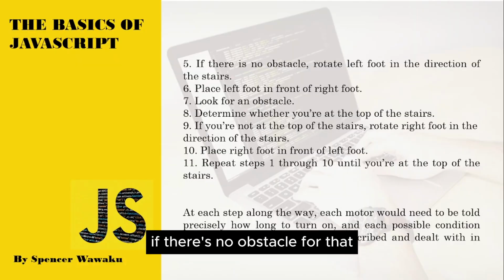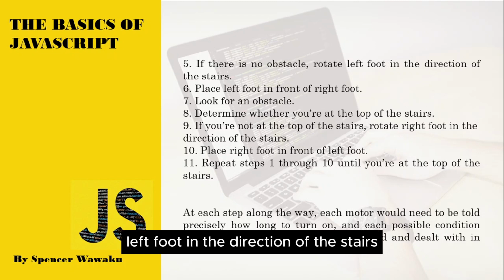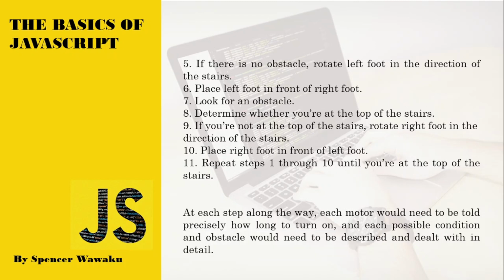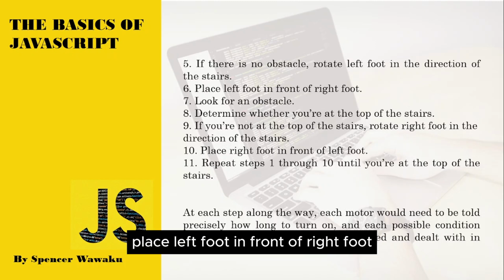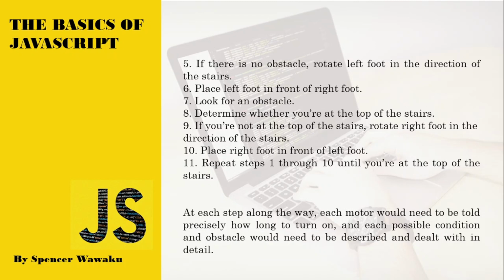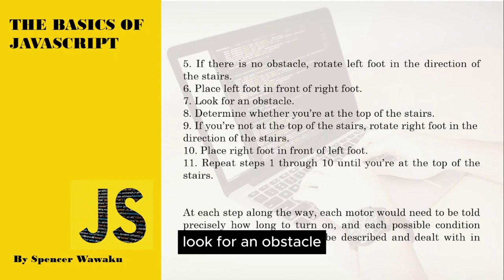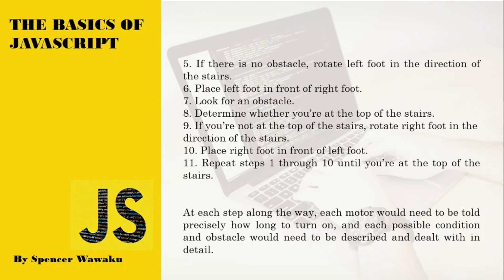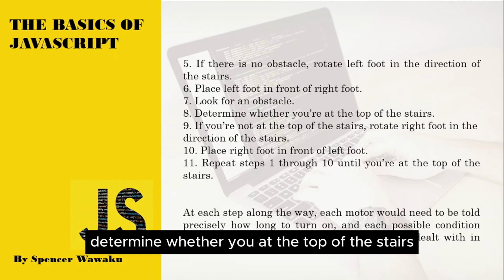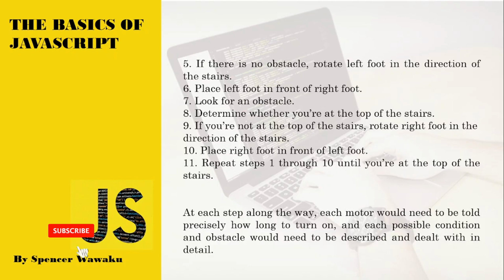If there's no obstacle, rotate left foot in the direction of the stairs. Place left foot in front of right foot. Look for an obstacle. Determine whether you're at the top of the stairs.